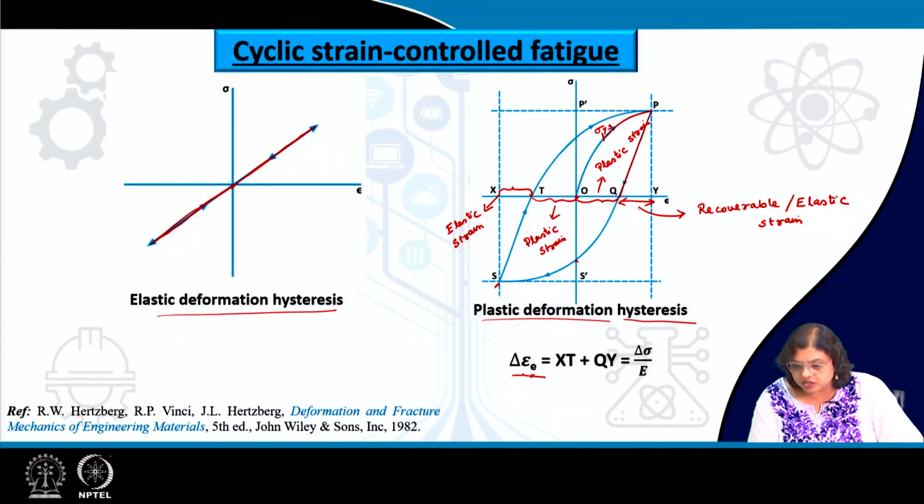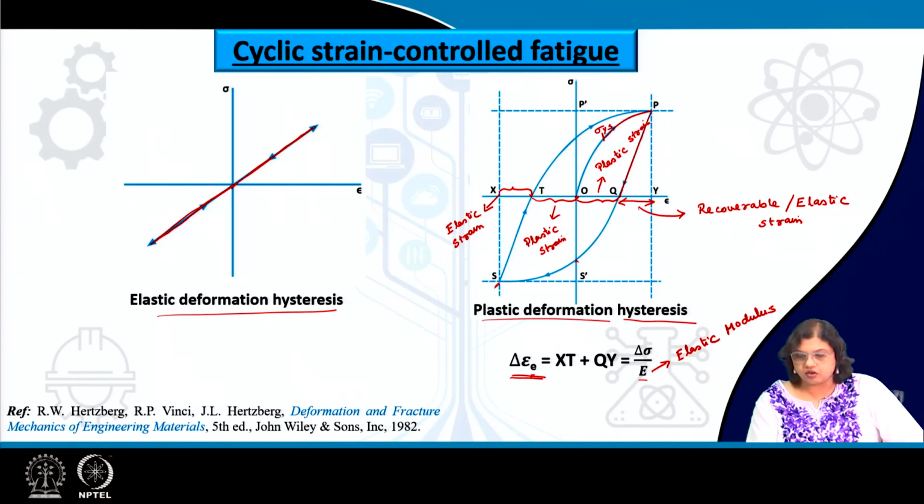So, the range is X T plus Q Y, and this can be represented as the stress range divided by the elastic modulus. So, this is as per Hooke's law. We know that the elastic part follows Hooke's law. So, that means the total elastic strain range is given by the total stress range divided by the elastic modulus of the material. So, that is quite straightforward. Let me also write it down here as the elastic modulus.